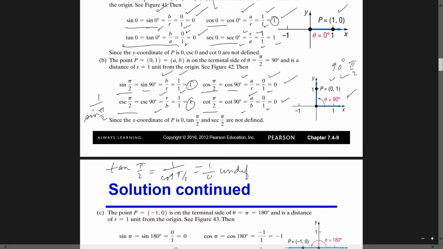And secant of pi over 2 is equal to 1 over cosine of pi over 2, equal to 1 over 0, which is undefined also. So watch out for the division by 0.